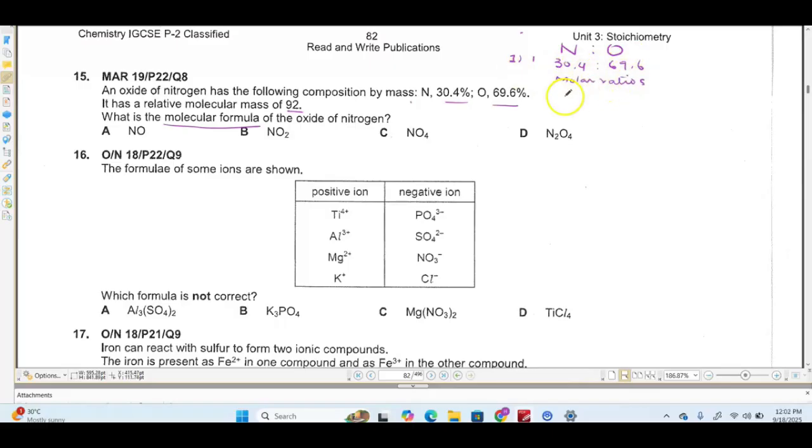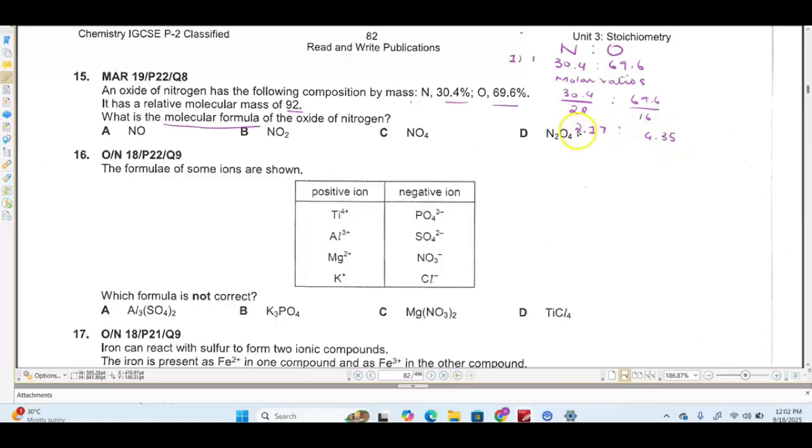We do this by dividing the masses with their MRs. The MR for nitrogen is 28 and the MR for oxygen is 16. This gives us an answer of 2.17 and 4.35.